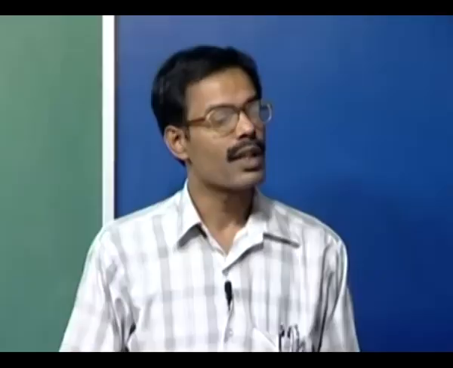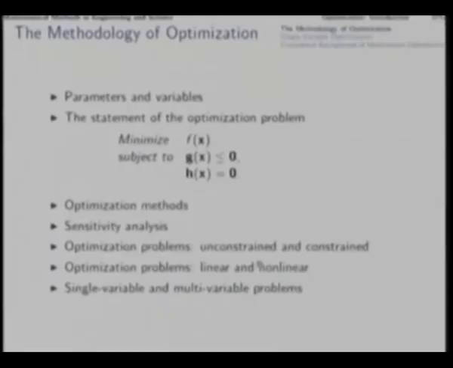So, if there is no constraint on the variables in x, then they are unbounded on the lower side as well as on the upper side. So, a linear unconstrained optimization problem does not exist. If it is a linear programming problem, then constraints will be there in any case. So, you get linear programming problems, which are linear constrained problems, unconstrained nonlinear problems, and constrained nonlinear problems, which is the most difficult.